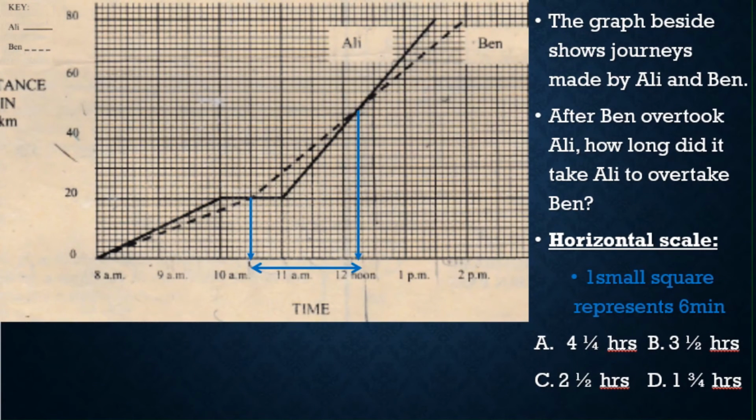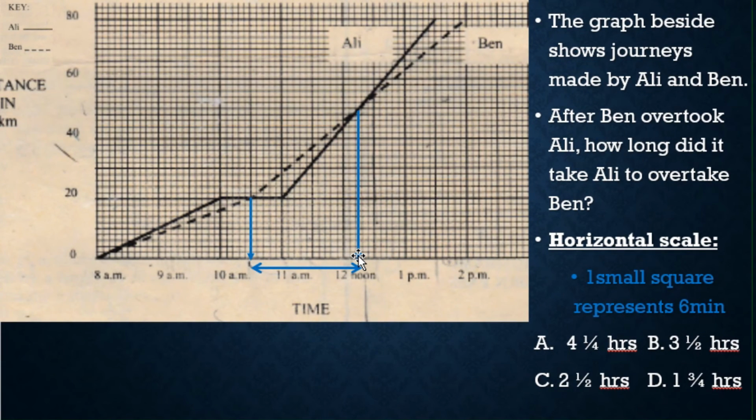And then we move again. The next time they are overlapping each other is at this point here when Ali was overtaking Ben. Then when we draw a line down here, it takes us to this point here, which is 12:15, because from here to here it's supposed to be 12:30, and then a half of 30 again is 15. So we have from 12 to this point here is 12:15.